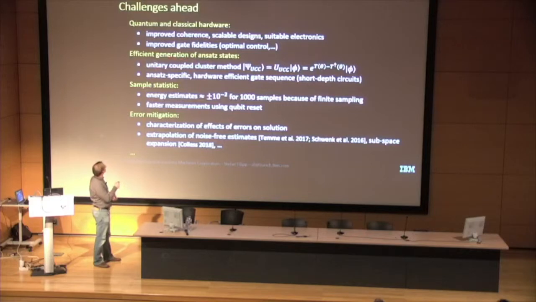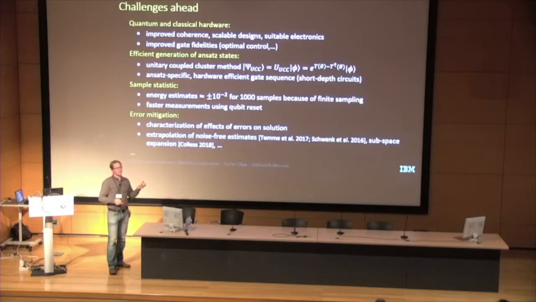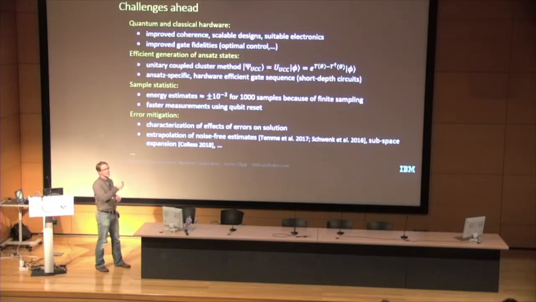What I want to briefly point out is that one of the essential parts is actually having a good guess beforehand of how this trial state looks. Because otherwise we are just exploring the exponentially large Hilbert space, and the chance to get to the right point is not very large. So having a first guess in how to get to this point in Hilbert space that minimizes my energy is actually important.